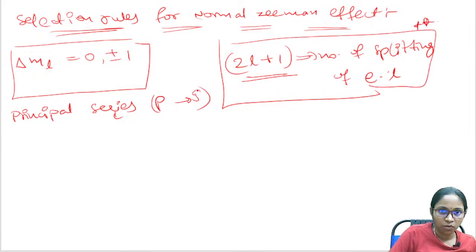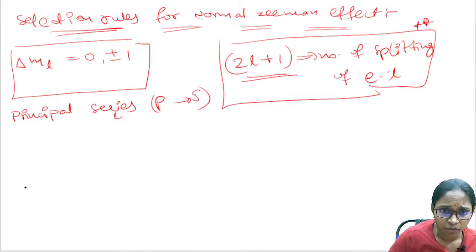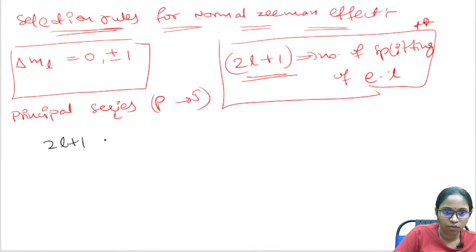So whenever the electron transition takes place from P to S, before drawing the spectral series, you have to find out the 2L plus 1 values.